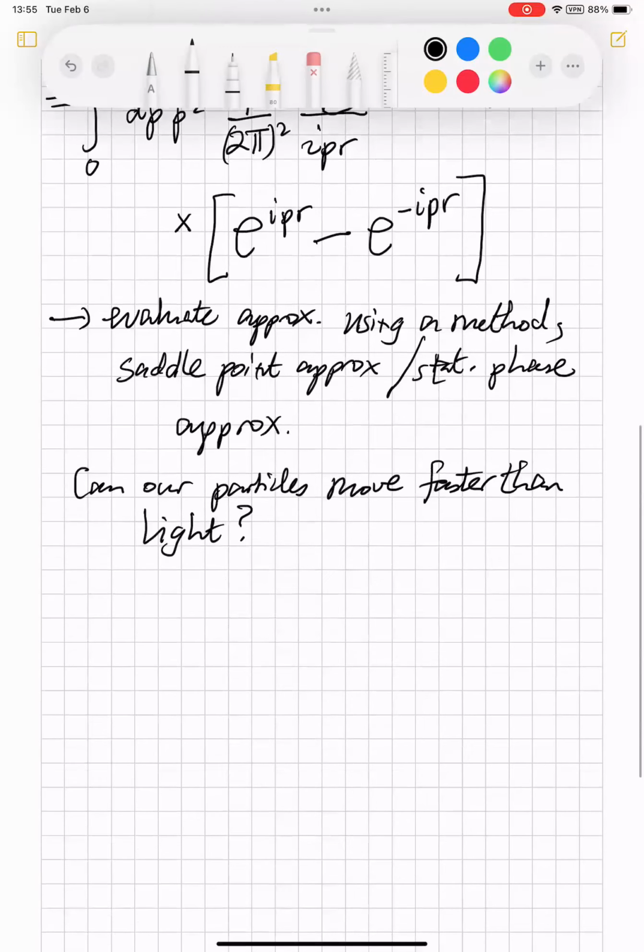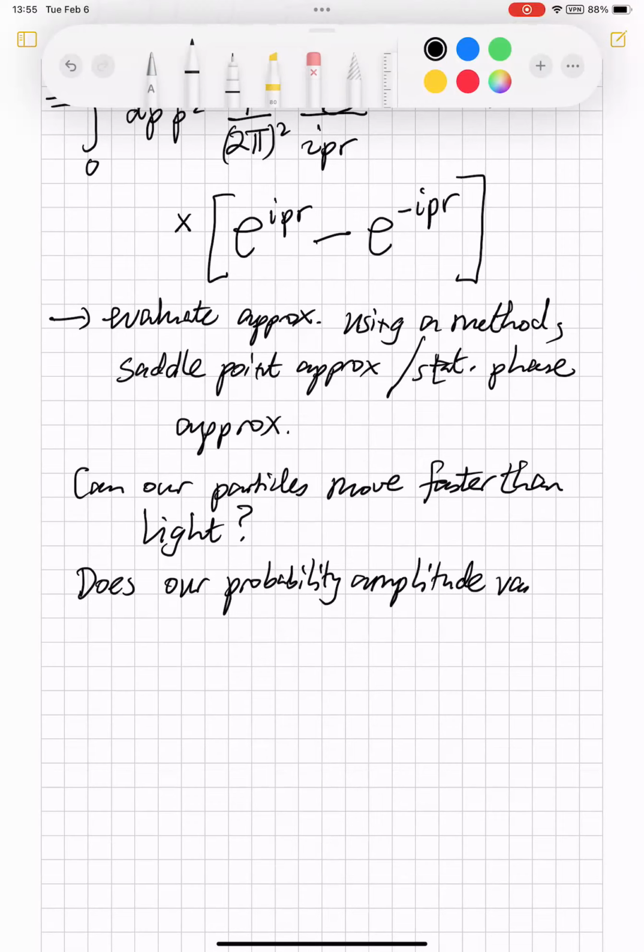So another way to ask this question is, does our probability amplitude vanish when r is greater than t?